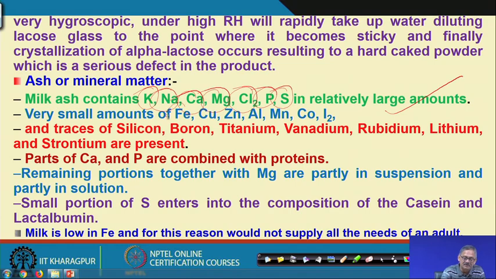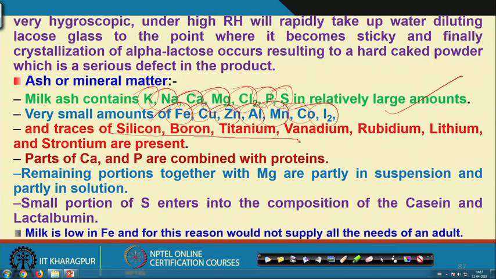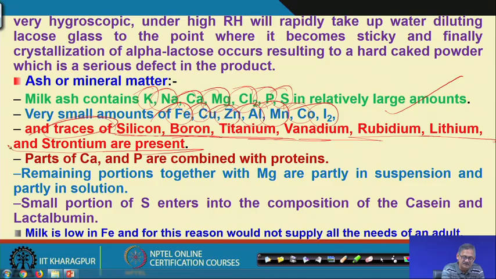In very small quantity are iron, copper, zinc, aluminum, manganese, cobalt and iodine, and trace quantities of intermediate ones, transition elements in your periodic table, many of them, not the silicon of course. Silicon, boron, titanium, vanadium, rubidium, lithium and strontium are present in trace quantities.